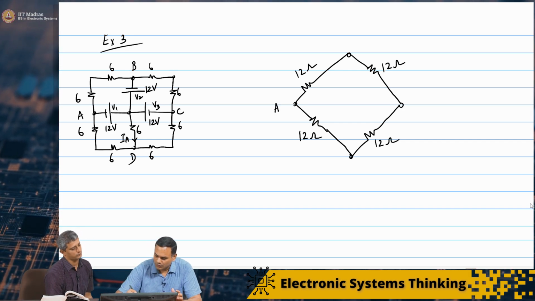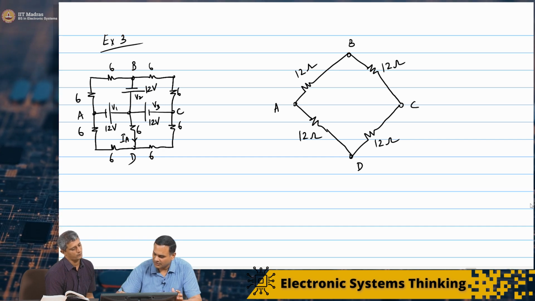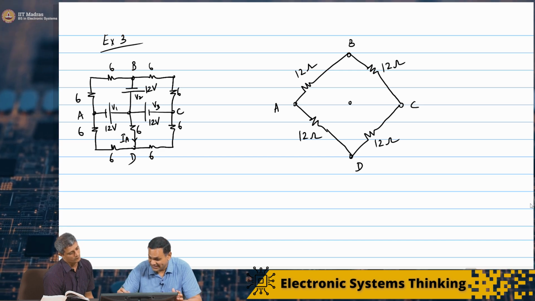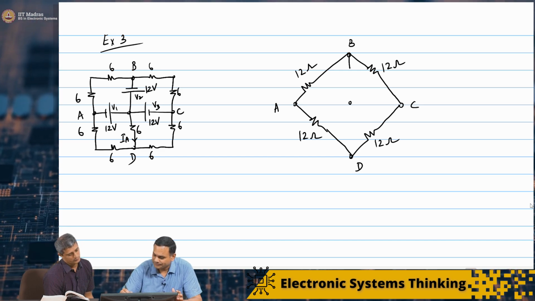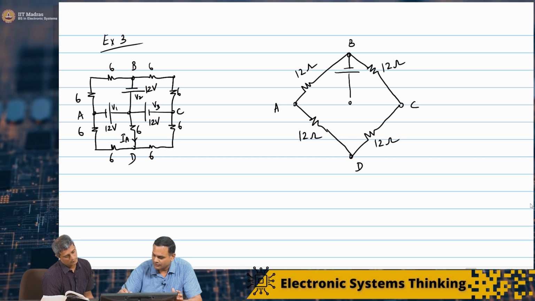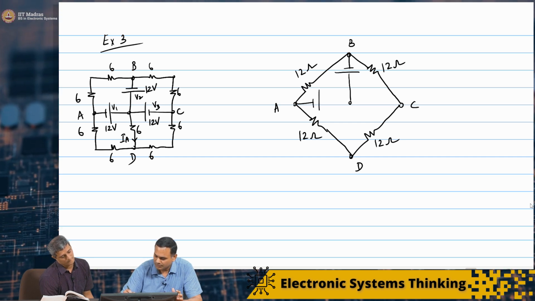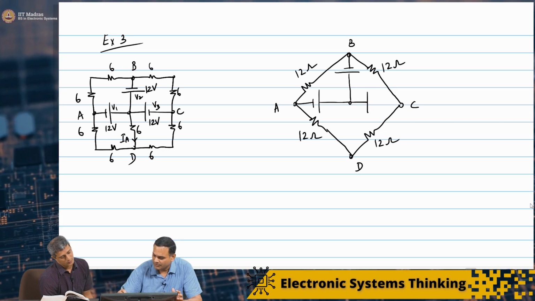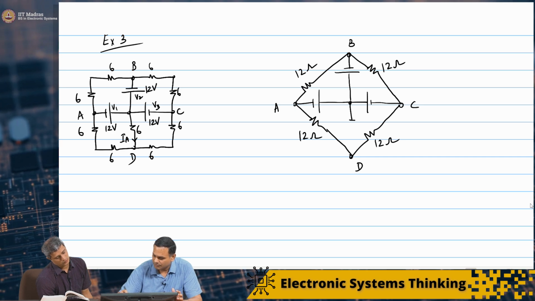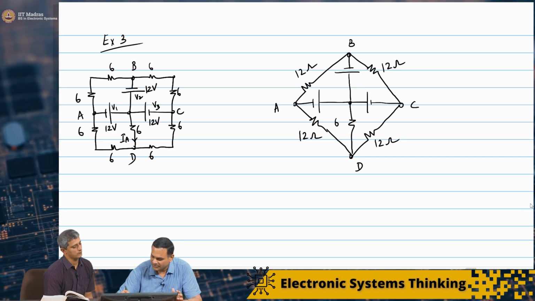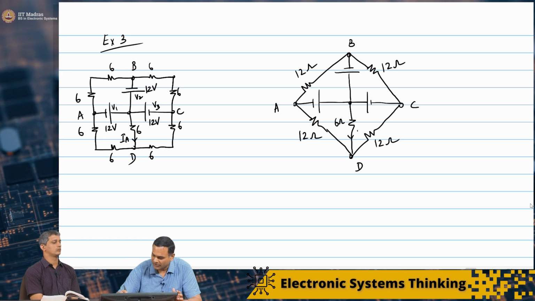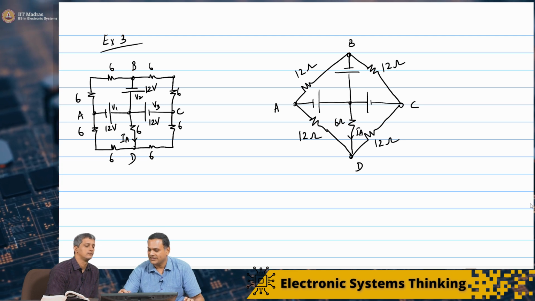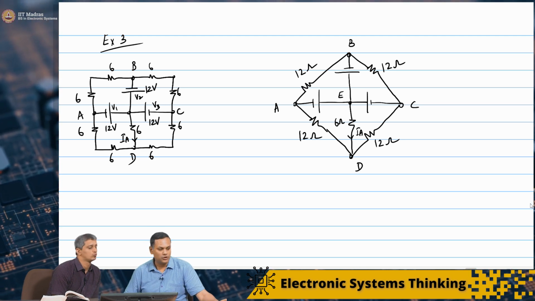So A, B, C and D, and from the center, that is E. I have this voltage source, this voltage source, the other way. So this is my 6 ohms and I want to find out IA. And this is E. So I don't know what the voltage at E is either.